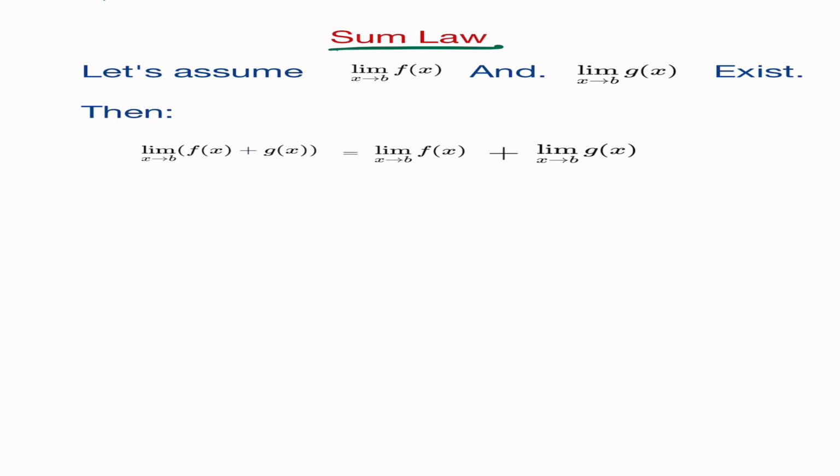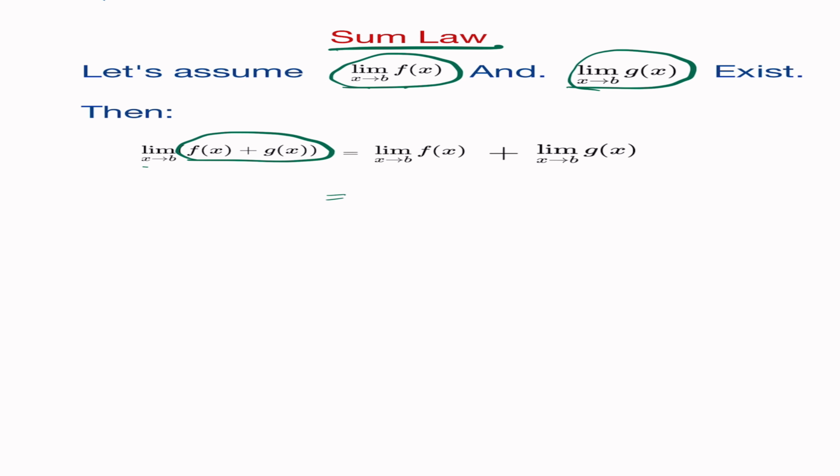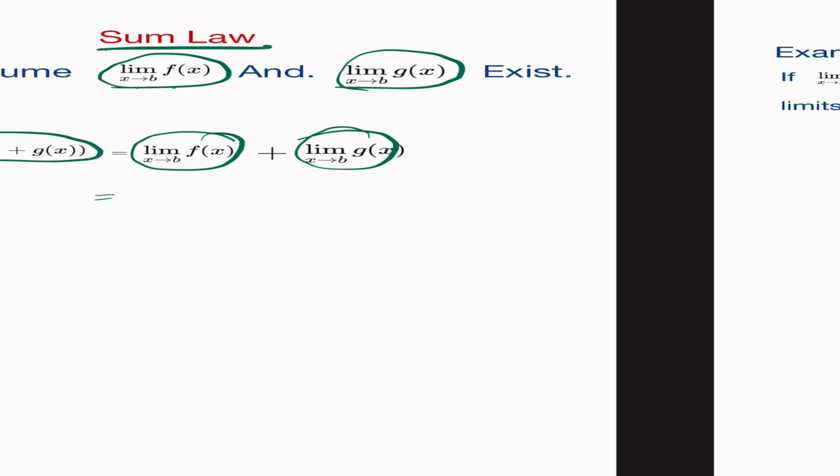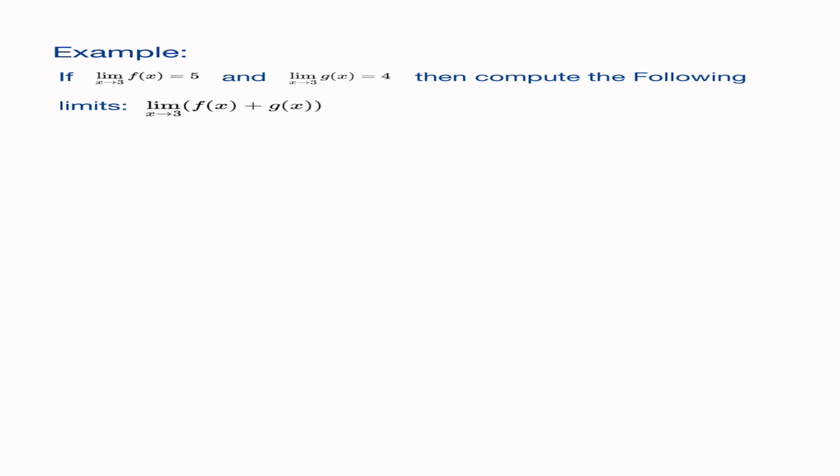It states that if we have the limit as x approaches b of f of x, one function, and the limit as x approaches b of g of x, another function, and both exist, then the limit as x approaches b of f of x plus g of x is simply the sum of those two limits, okay? Let's do a practice that will give us a clear concept.